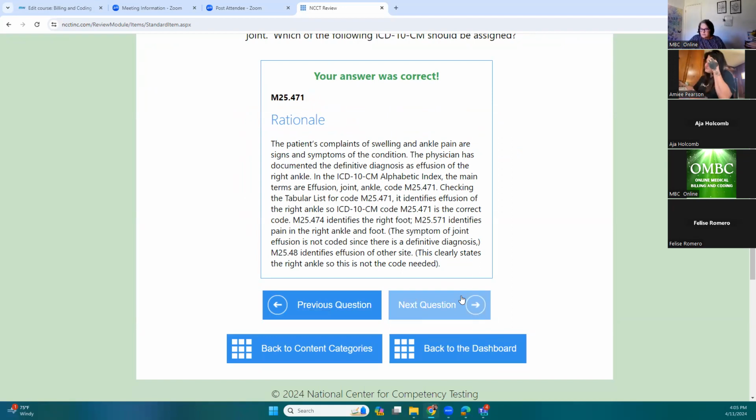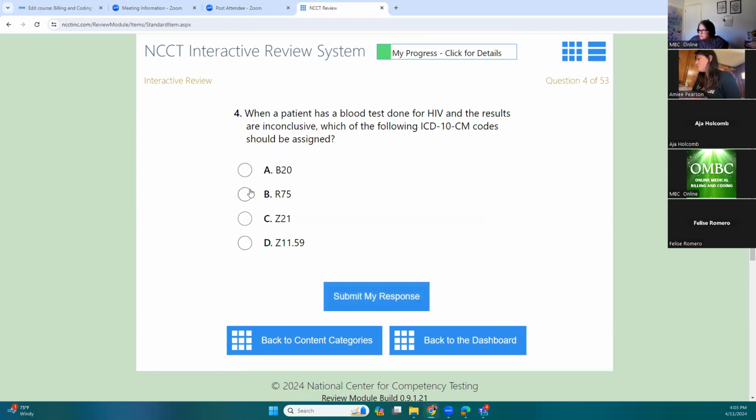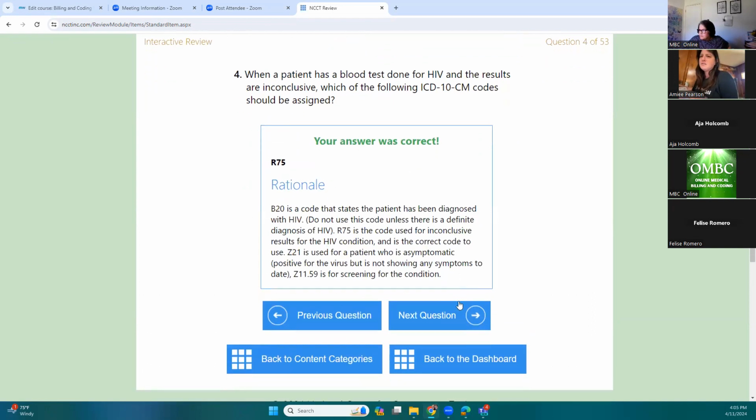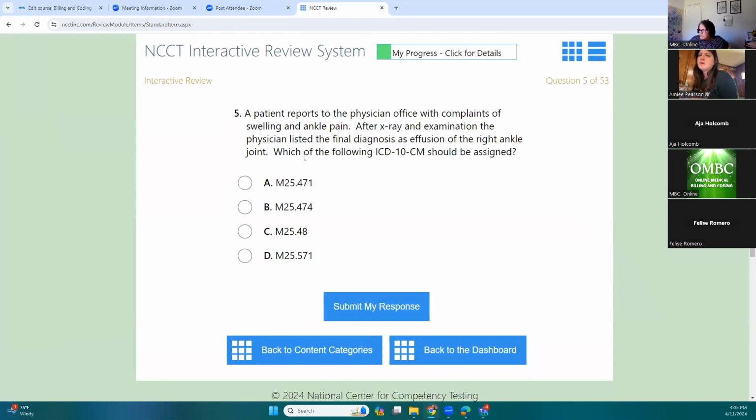Okay. So I'm sorry, I have a question. The last one's M25.571, but that one says pain in right ankle and joints. So why isn't it? The top one, the M25.471, is the right ankle, but then the bottom one specifically says joint. M25.571 says pain in right ankle and joints of right foot.